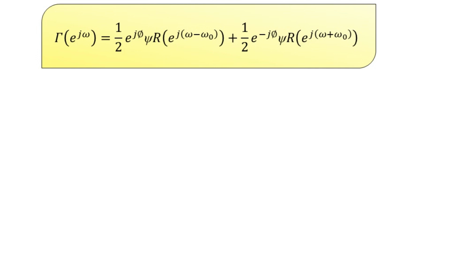So here it can be noticed that the Fourier transform, as we see in this expression, for the windowed sequence small gamma of n, is the sum of the frequency shifted and amplitude scaled Fourier transform of the window w of n, with the amount of frequency shifts given by plus minus omega 0.